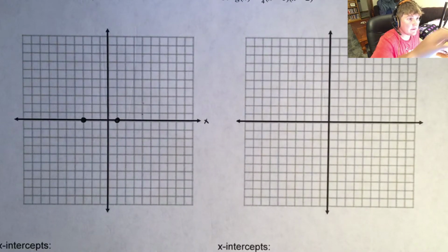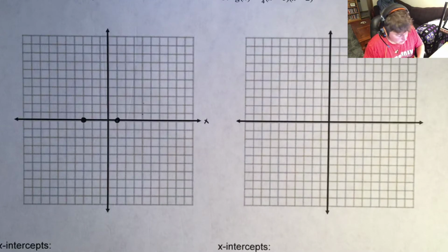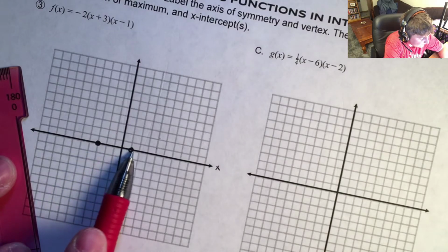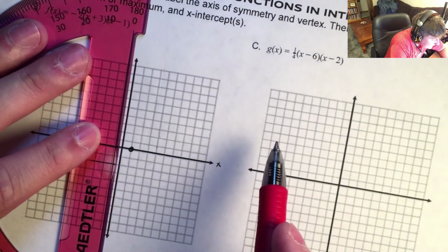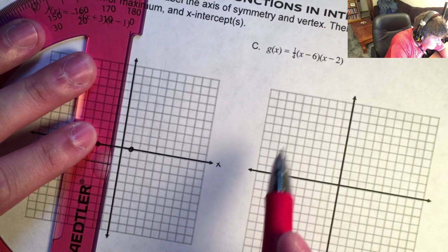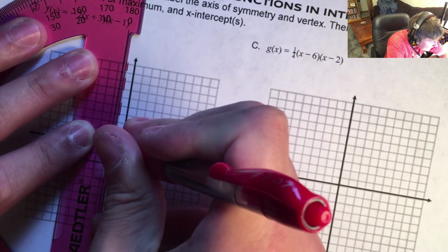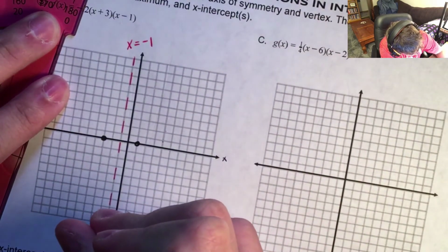It's just going to be always right in between. So it's 1, 2, 3, 4. So it's going to be 2 units in. And that is my axis of symmetry. Not a lot of math needed to be done there. This is x is equal to negative 1, which is my axis of symmetry.